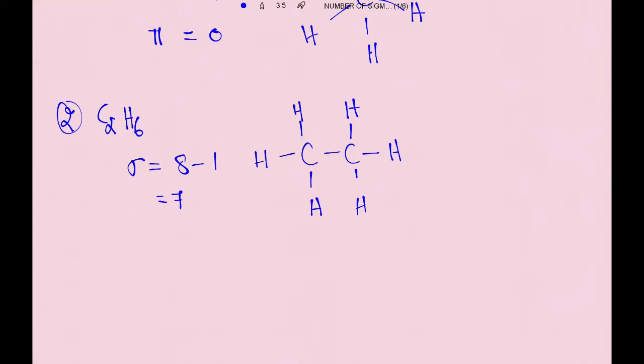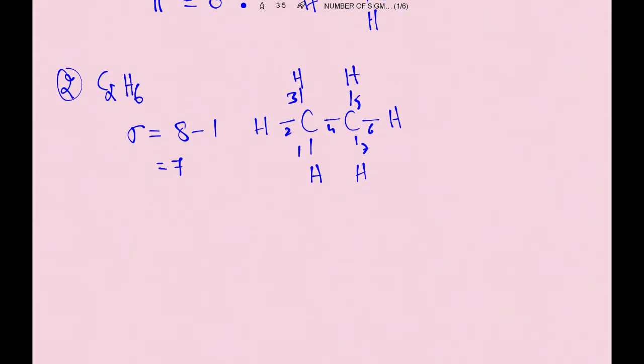If you count the number of sigma bonds, 1, 2, 3, 4, 5, 6 and 7. We have 7 sigma bonds. And for the number of pi bonds, it is 2 into n plus 2. So 2 into 2, since the number of carbon atoms is 2, plus 2, minus the number of hydrogens, 6, divided by 2. So we get 0.